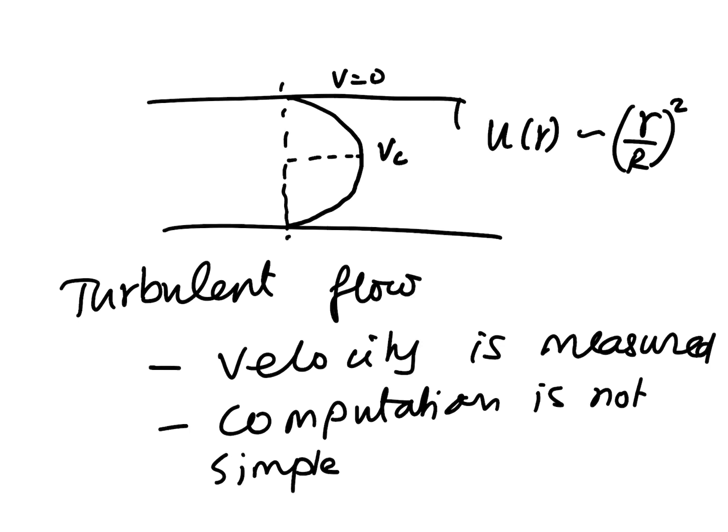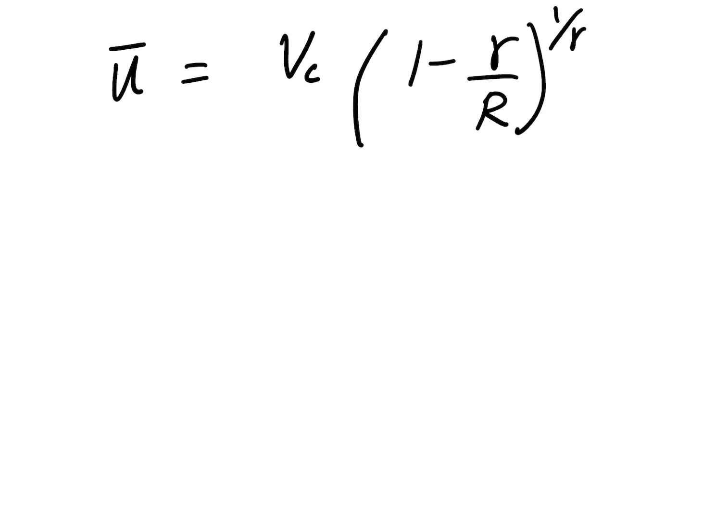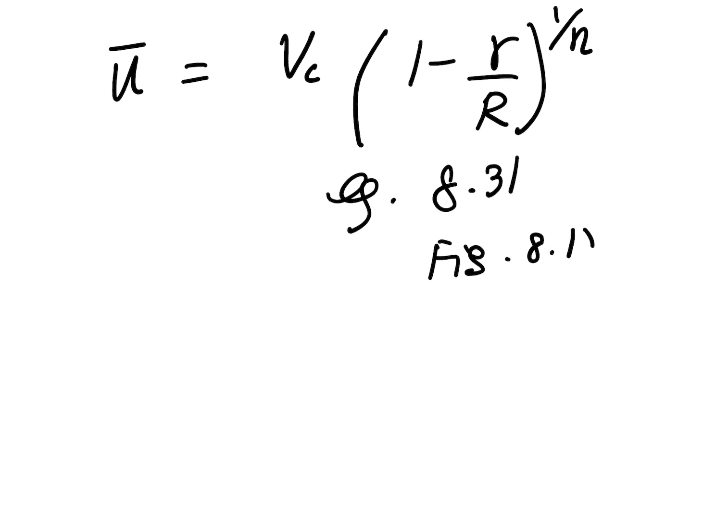What we do is we fit a function for the average velocity as Vc times (1 minus r over R) to the power 1 over n. This is equation 8.31 in the book, and also figure 8.18. Figure 8.18 also compares the shape of the velocity profile for different values of n. Obviously for laminar flow, we had (r over R) squared.